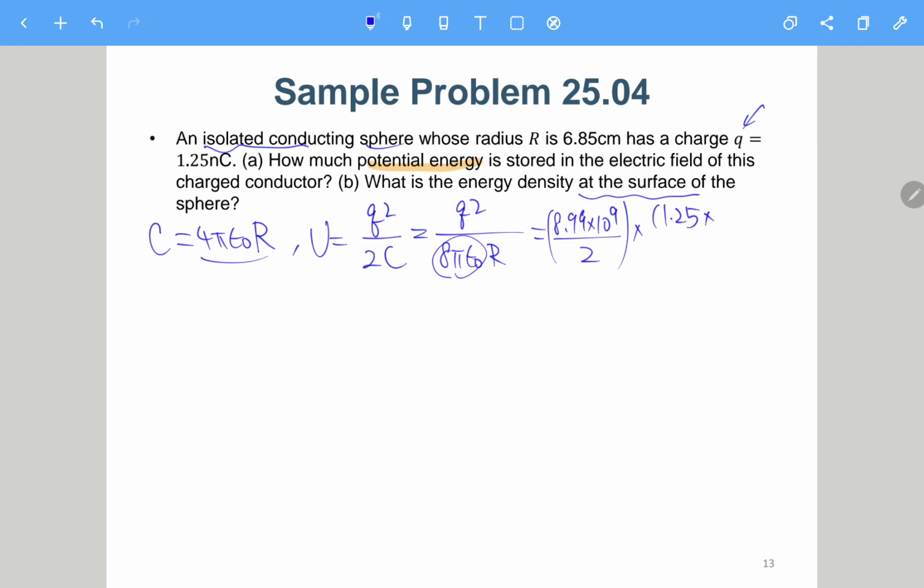Nano is 10 to the minus 9th power, and then squared, over R, which is 6.85 centimeter, 0.0685 meter. Okay, so this value will be 1.03 times 10 to the negative 7 joule.